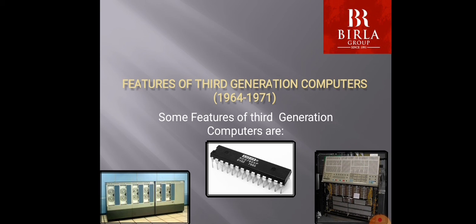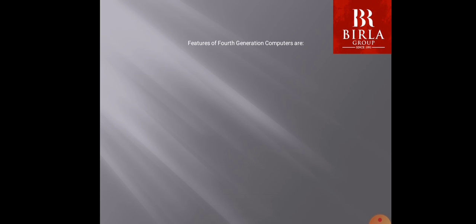Now, features of fourth generation computers. The fourth generation computers had very large scale integrated circuits, called microprocessors, as the main component. They were very cheap compared to third generation computers.